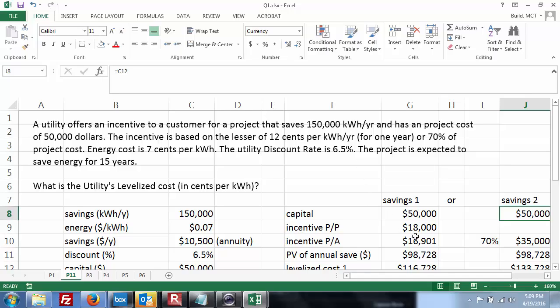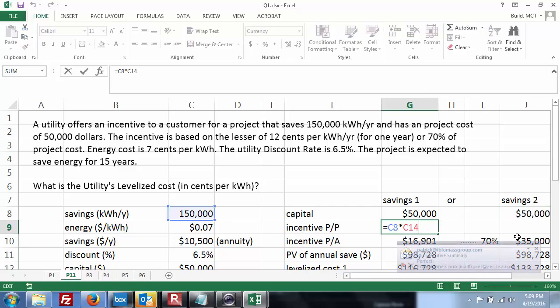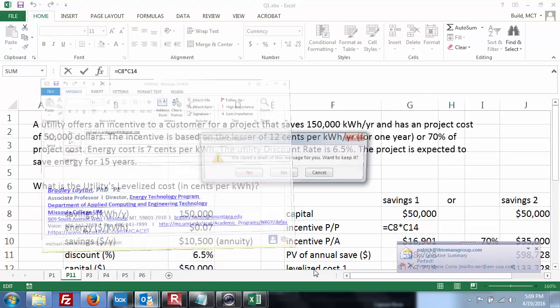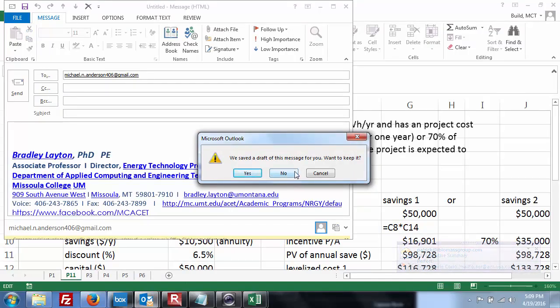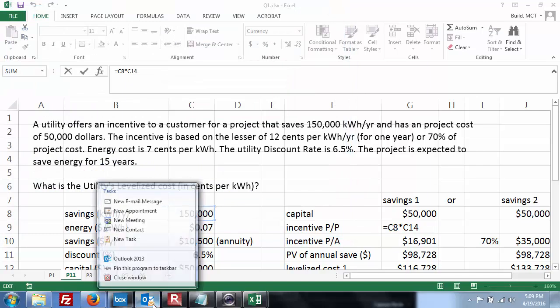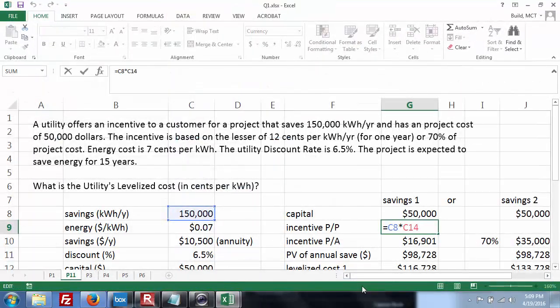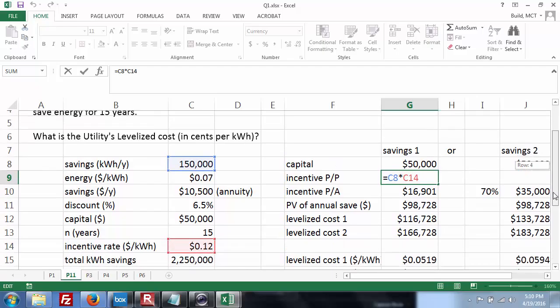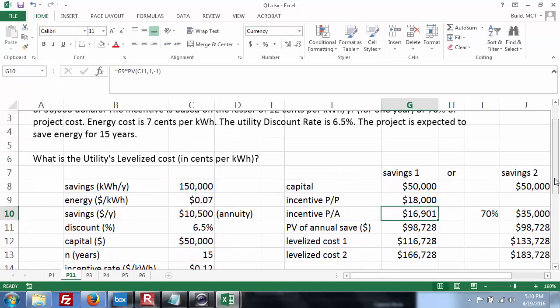Fine. If you just go straight up present, then that amount is 155 kilowatt hours per year times your 12 cents, that's $18,000.